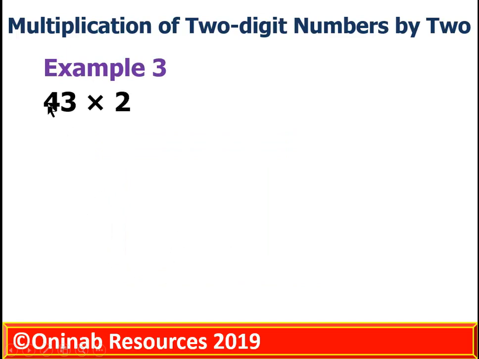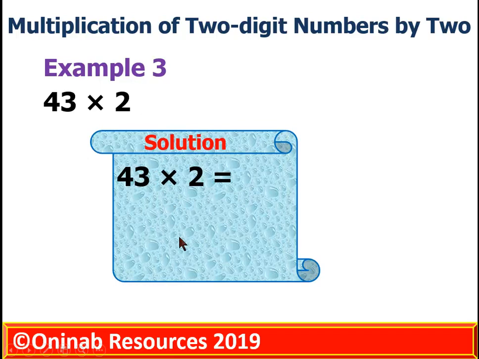The third example says 43 times 2. We arrange it again. 43 times 2 will be 43 multiplied by 2. We start using the 2 to multiply every digit in 43, one after the other, from 3.